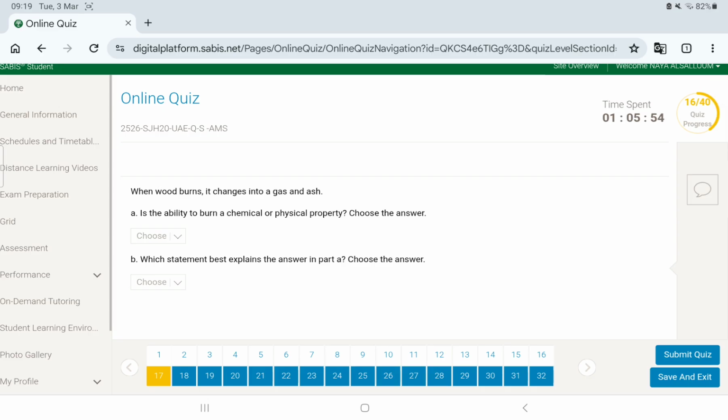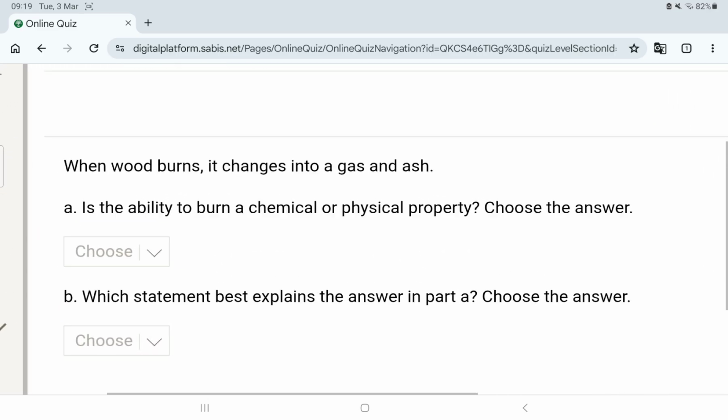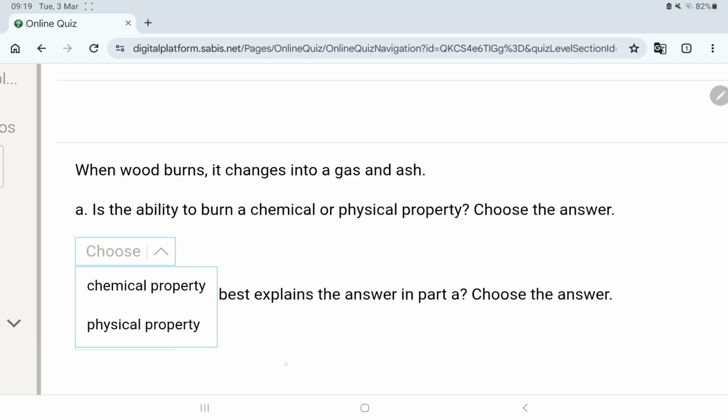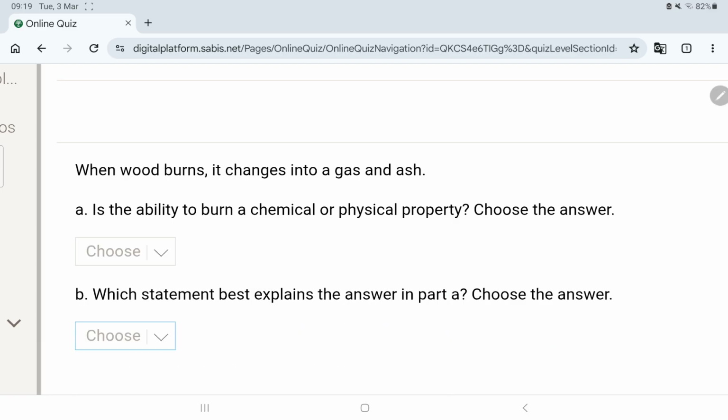Let's see here. When wood burns, it changes into gas and ash. Okay. So here, is the ability to burn a chemical or physical property? Let's see. When wood burns into gas and ash. Now, guys, the most important word here, it changes. And what did we say?